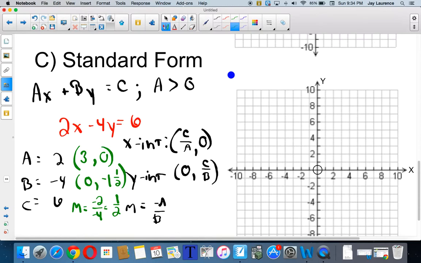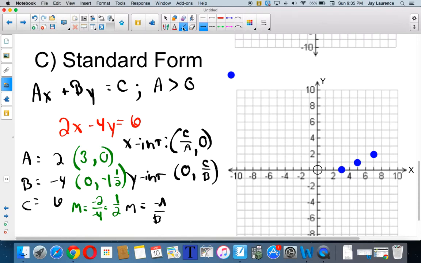So let me go up here and plot my 1 point, and that's going to be 3, 0. There we go. And then from there, I'm going to rise and run. Rise 1, run 2. Right? And I'm going to rise 1, run 2.